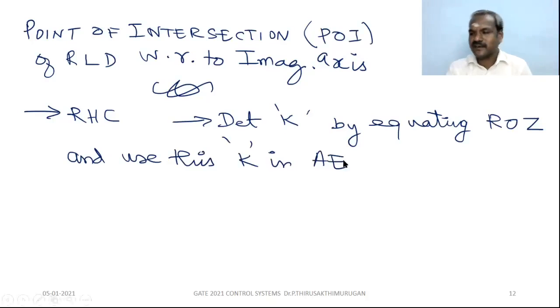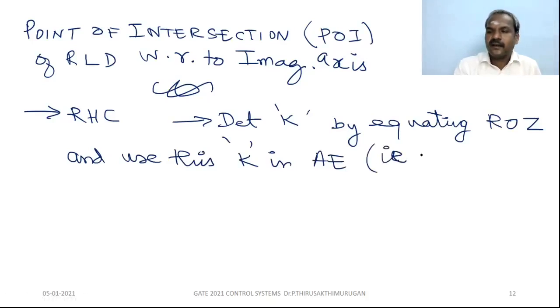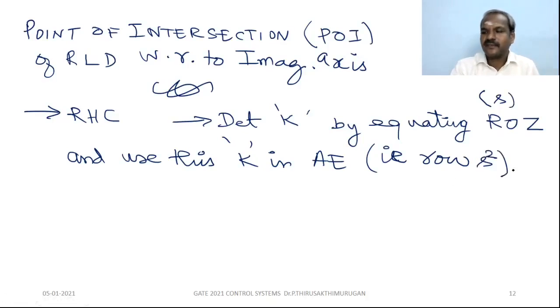You know the auxiliary equation, we already saw, right? It is formed from the row of S square in the RH table, understand?